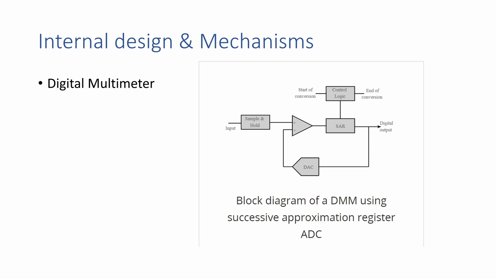Some SAR ADCs may only have resolution level of 12 bits, or possibly more dependent upon the application. Typically for DMMs, resolution level is 6 bits with speed of 100K samples per second.